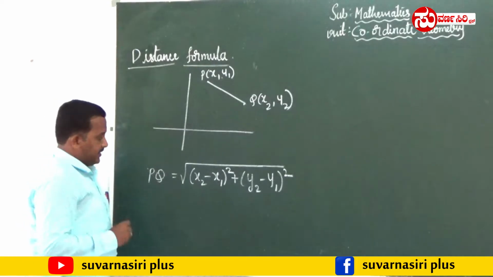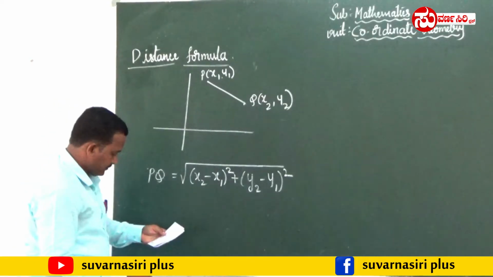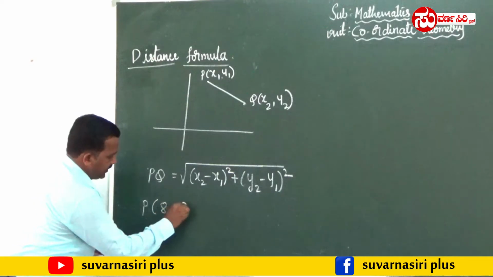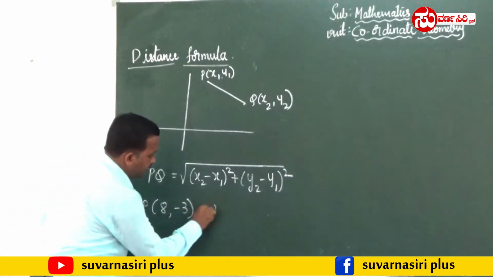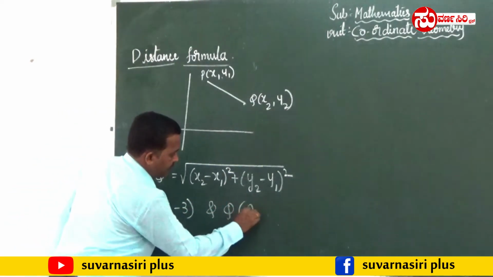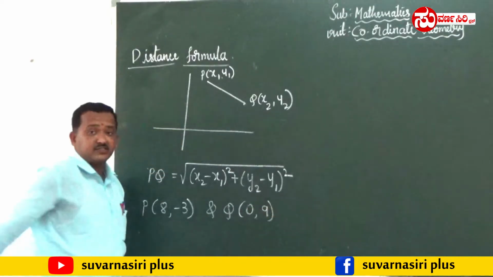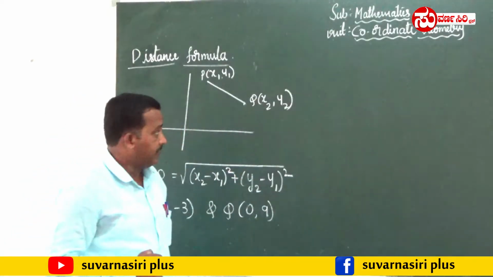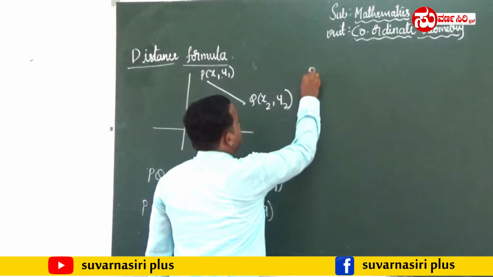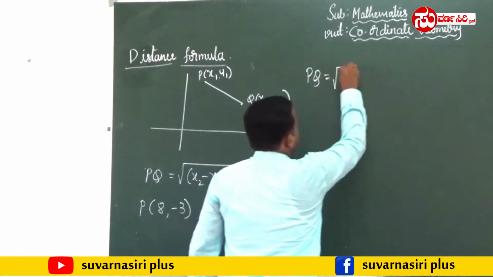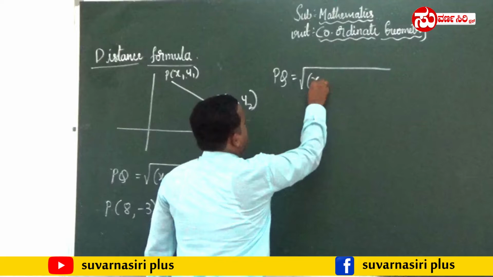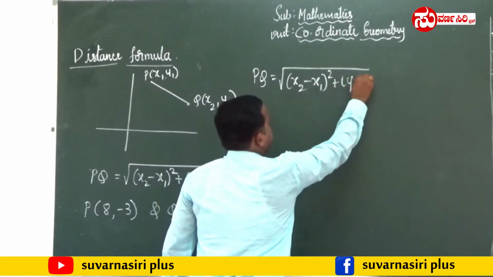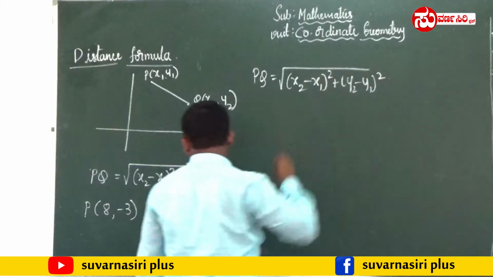Let us take one example. P has coordinates 8, 3 and Q has coordinates 0, 9. Now we will find the distance between P and Q. So PQ is equal to square root of (x2 minus x1) whole square plus (y2 minus y1) whole square.